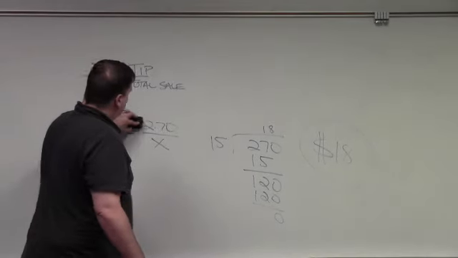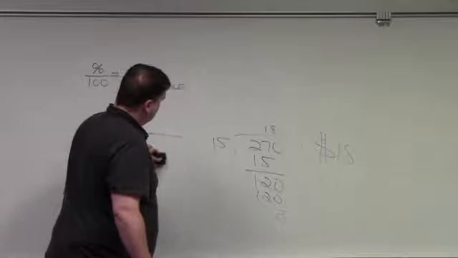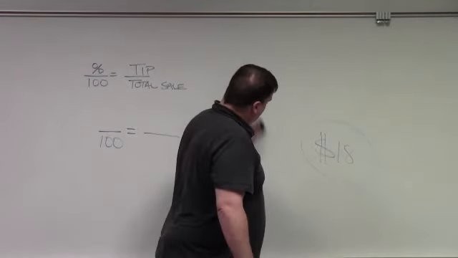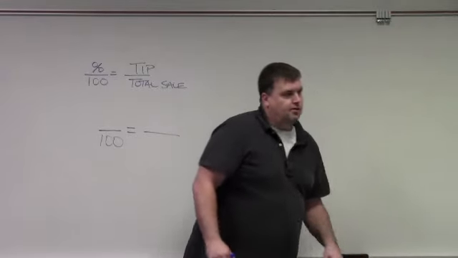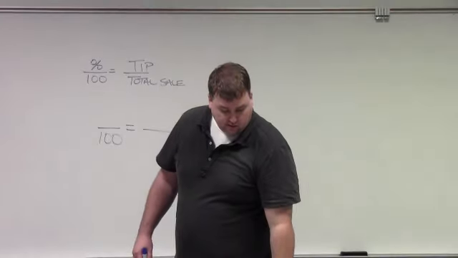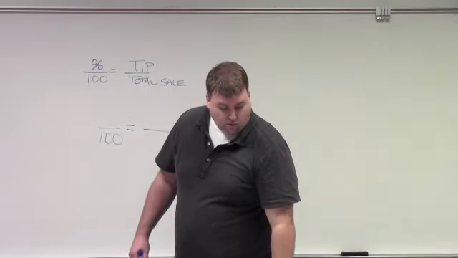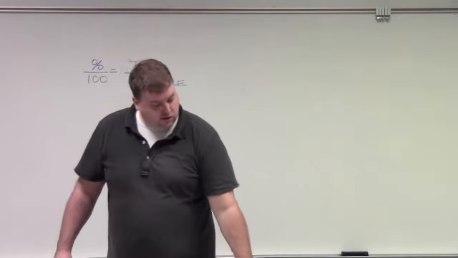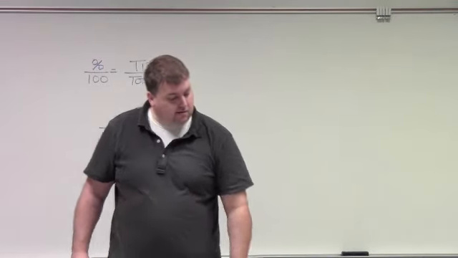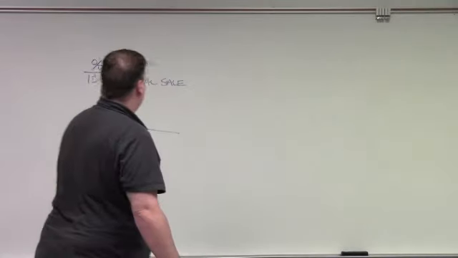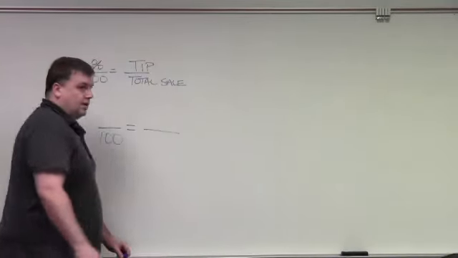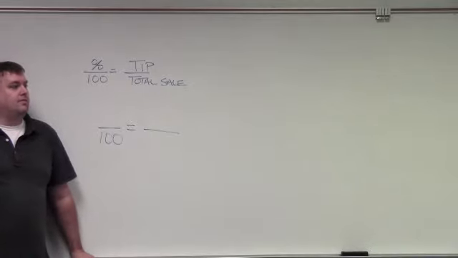So let's set up that last one. For a party of 8 or more, some restaurants add an 18% gratuity to the bill or tip. What is the total amount charged for a party of 10 if the cost of the meal without tip is $195? So they're giving us some information.